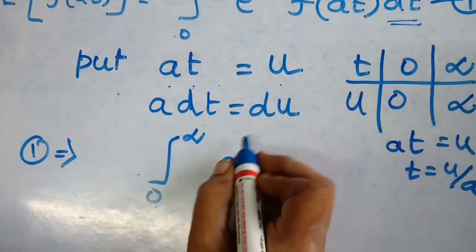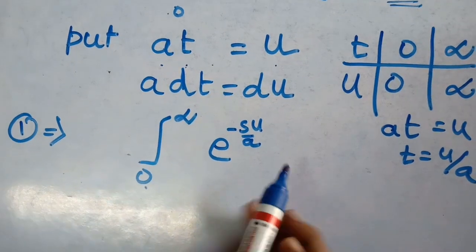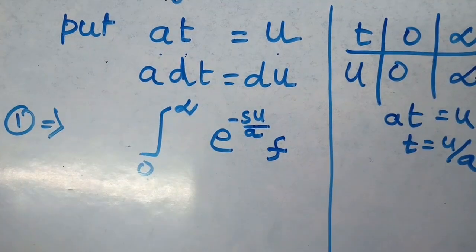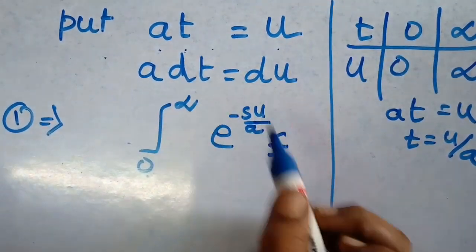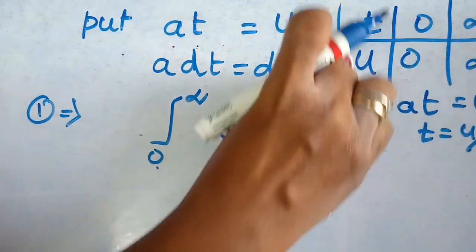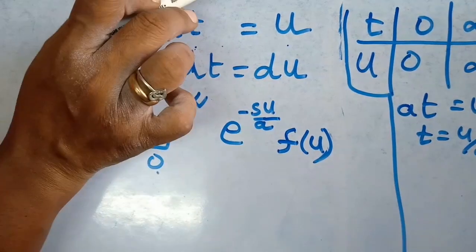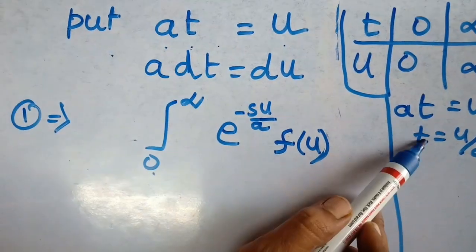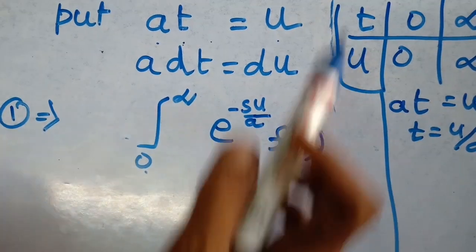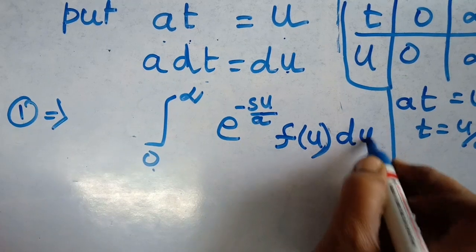So in the place of t, I am substituting u by a, and f of at is nothing but f of u, and dt is also du by a.